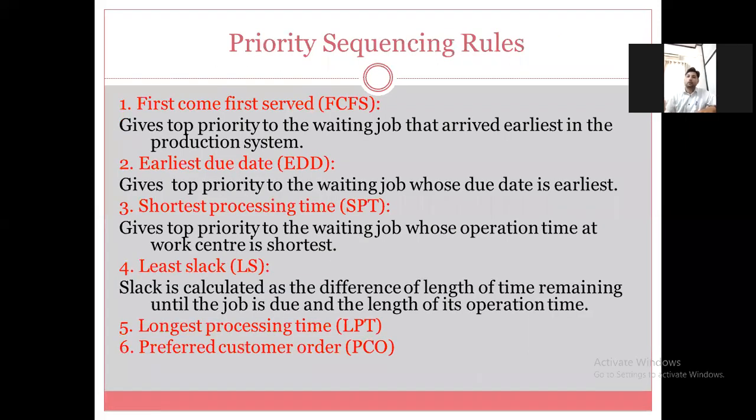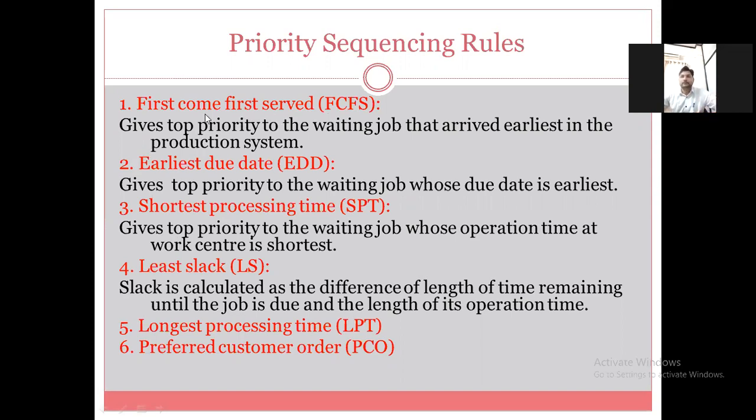Okay, so which are the rules? We are going to consider the priority sequencing rules. Out of these rules, one can consider any rule for providing the priority sequencing. So the first rule is first come first serve, also called FCFS.